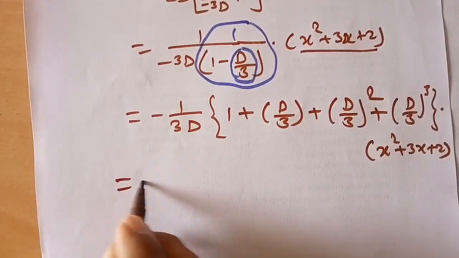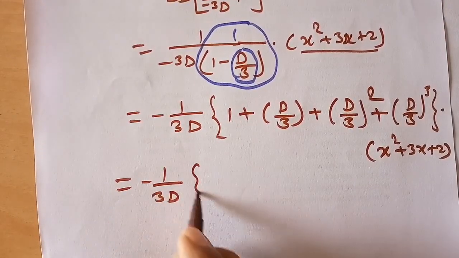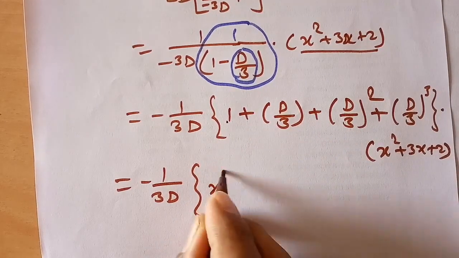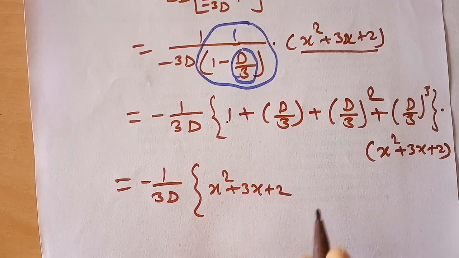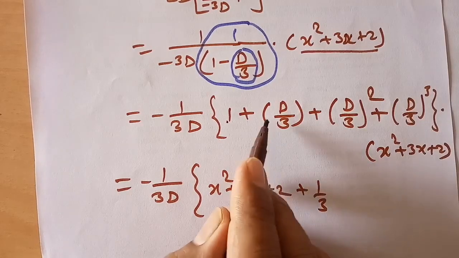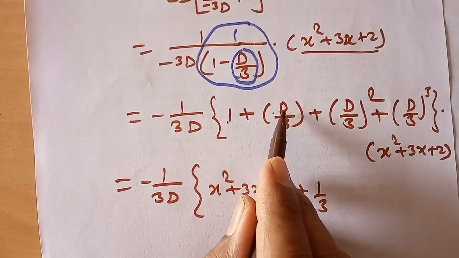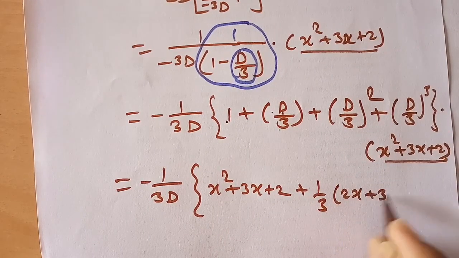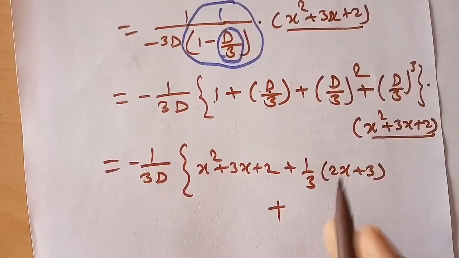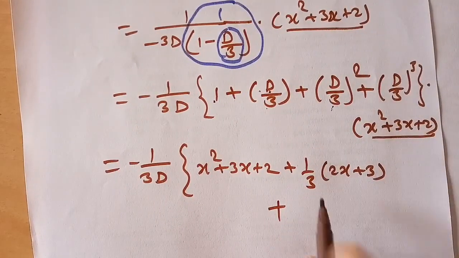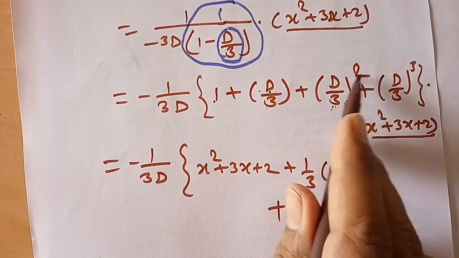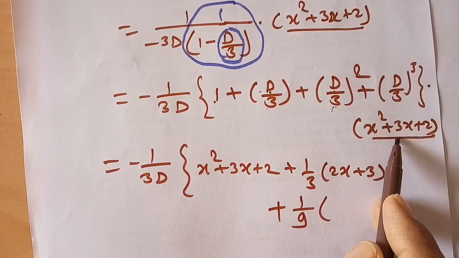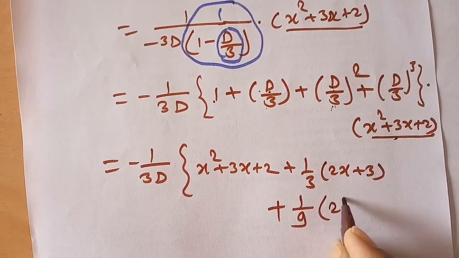Now, this is minus 1 over 3d. In this bracket, I am multiplying 1 to this whole term. This is x square plus 3x plus 2 plus, now I will write 1 by 3 and d is a derivative operating on this total function. What is the derivative of this function? 2x plus 3, plus, for this term, first of all I will write 1 by 9 because 3 square is 9, and d square operating on this means we have to take the double derivative, which is 2.